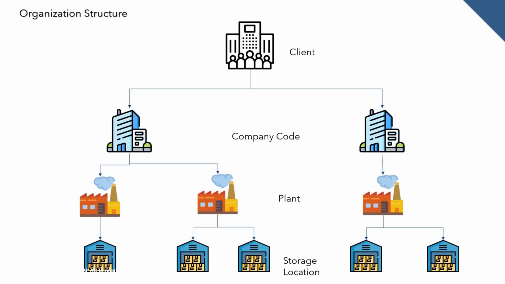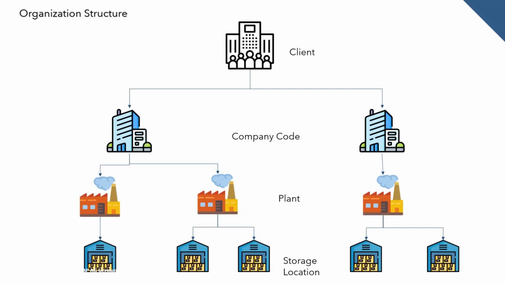Below that is the plant, where the materials are manufactured, or the goods or services are provided. In the Materials Management module, the major work starts from the plant area, where we need to procure the materials.